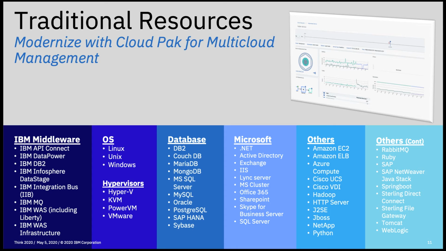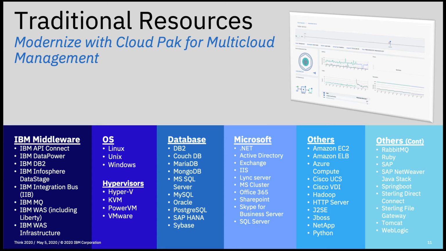We are going to be able to make use of these native agents in the traditional environment. As shown on this slide, these are examples of some of the agents available today, like middleware components comprising IBM MQ, IBM WAS, IBM DB2, etc., and operating systems like Linux, Unix, and Windows.